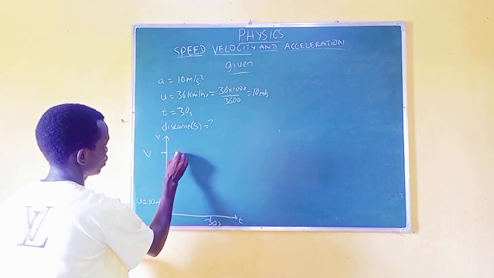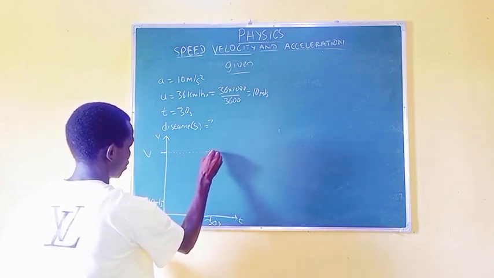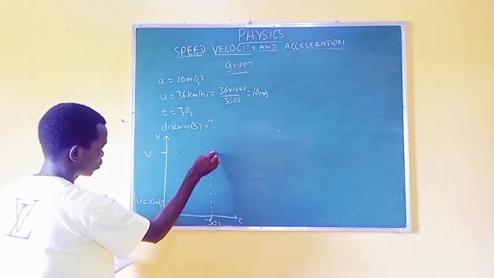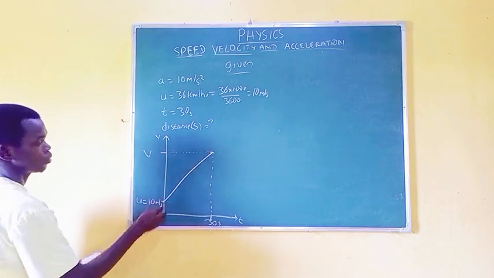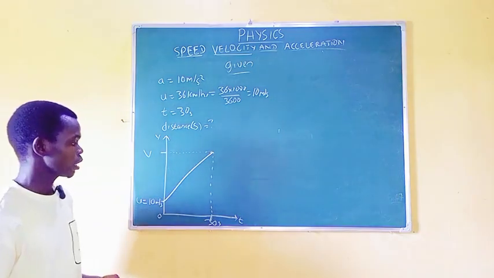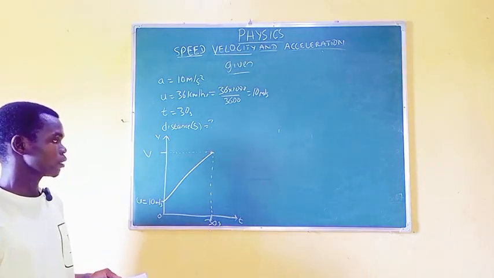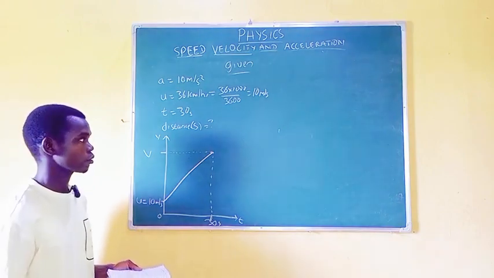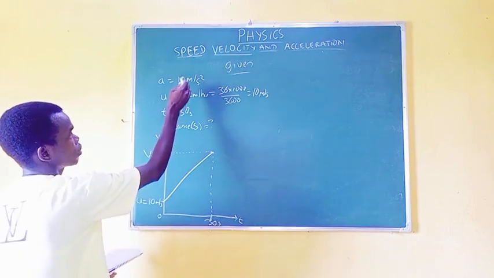Now trace the final. So we draw this point of intersection to this initial. We have our velocity time graph. I will know that on the velocity time graph, the slope is equal to the acceleration. And acceleration is given.